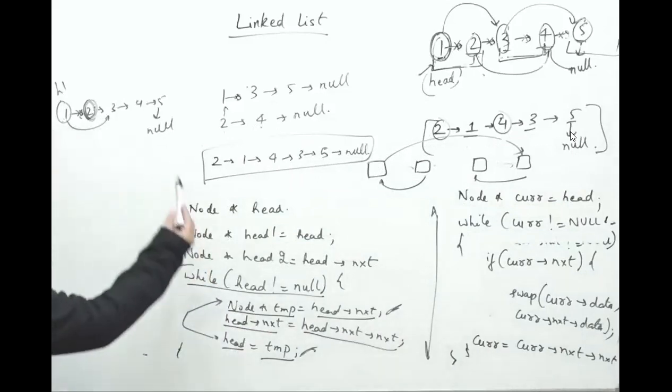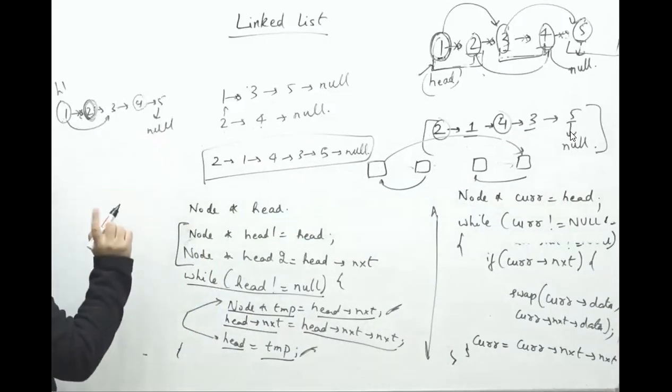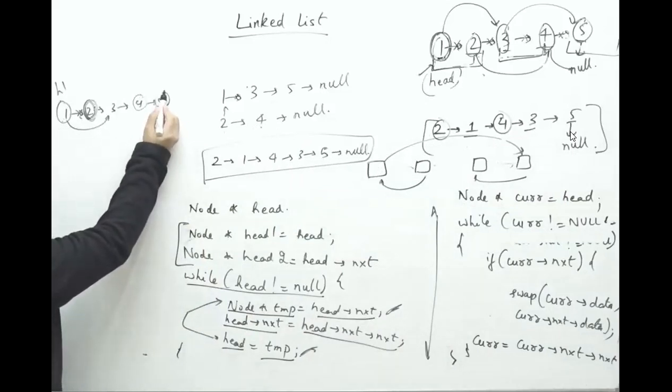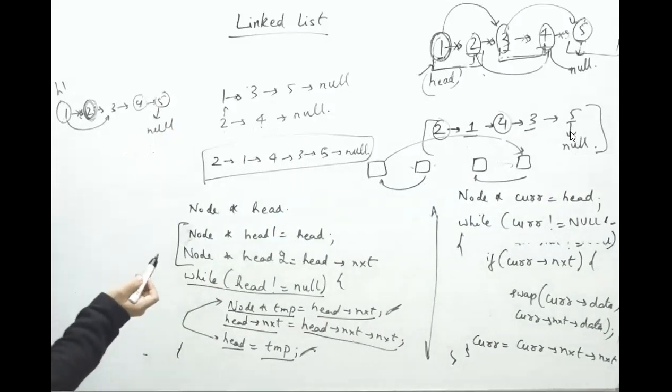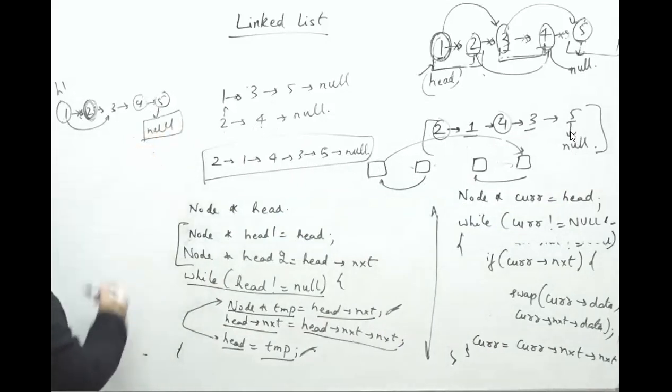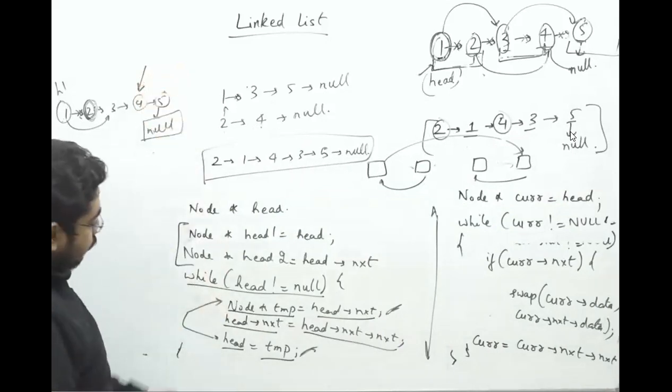When I am at 4, I will say 4's next is 4's next next. This will work. But when I am at 5, I will say 5's next is 5's next next. I can't do that. It will be a null pointer exception. So I need to stop at 4. How do I stop at 4?